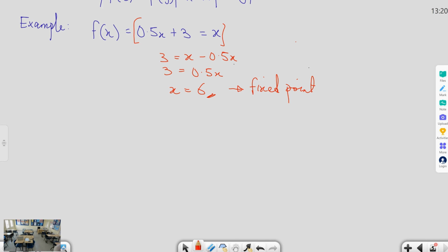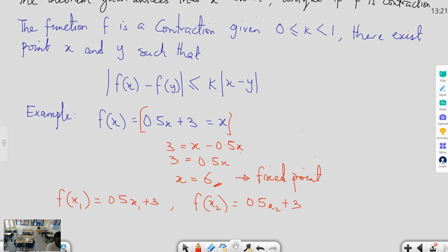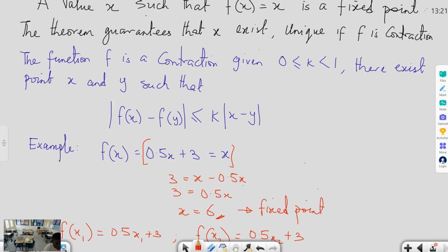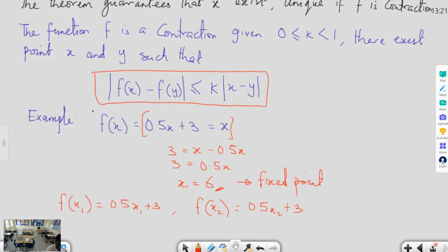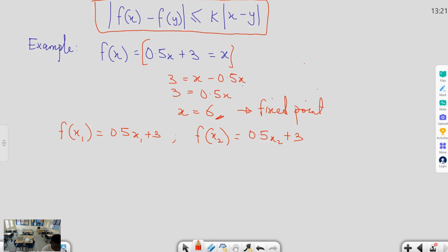So let's call f of x1 equal to 0.5 x1 plus 3, and f of x2 equal to 0.5 x2 plus 3, so that we put them in this expression right here.